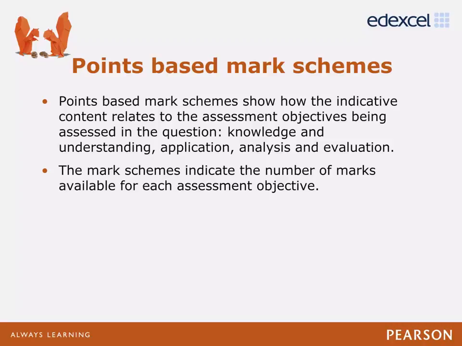This means the Section A questions, and the 5 and 8-mark questions in Section B. These mark schemes show the points awarded for each assessment objective, as well as the indicative content to show the types of responses that meet these assessment objectives. Marks are awarded for each point in the student response.